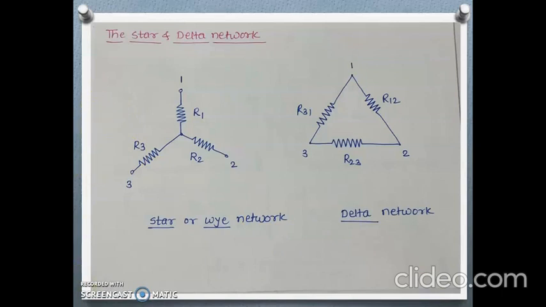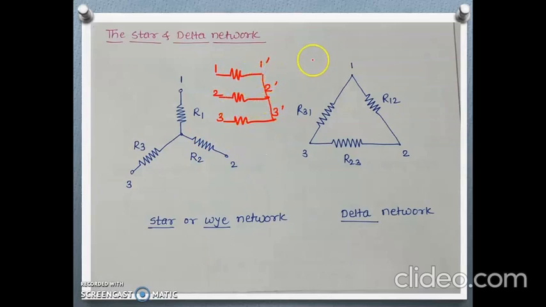Suppose we have three resistances, R1, R2 and R3. The points 1 and 1 dash, 2 and 2 dash are the terminals of those resistors. When the terminals 1 dash, 2 dash and 3 dash are connected together, one of the terminals of all the resistances is common.